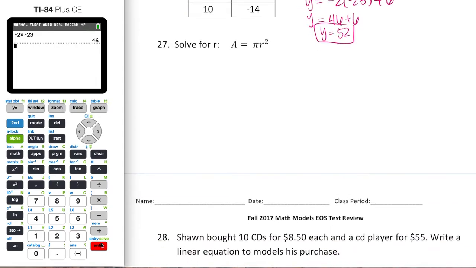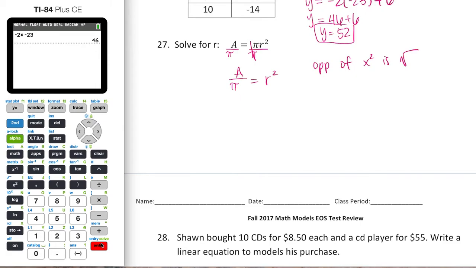All right, solve for r. So if we notice we have this pi on the other side with the r, we want to get rid of that. So since that pi and the r are multiplying, we are going to divide by pi. So a divided by pi equals r squared. To get rid of our squared, opposite of squared is square root.